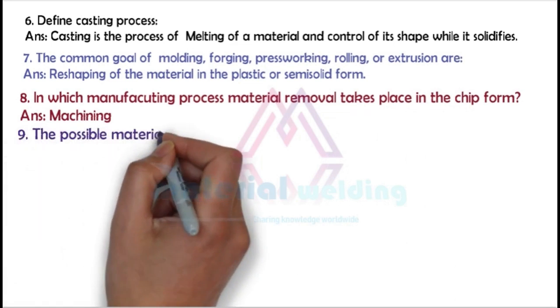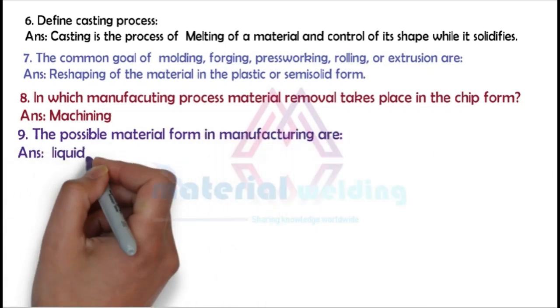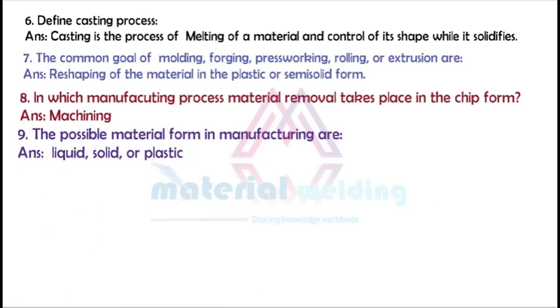Which types of material forms are used in manufacturing? Mostly liquid, solid or plastic shape. There is an exception of one process, vapor deposition, where gas is used as a material for the manufacturing process.